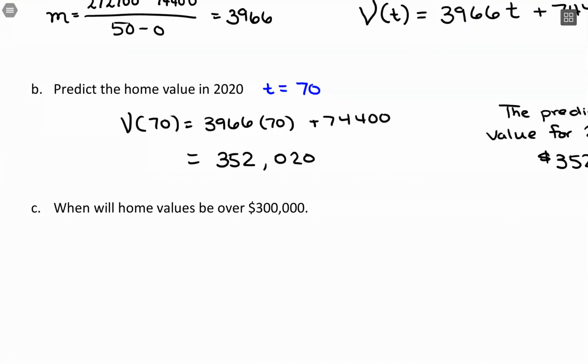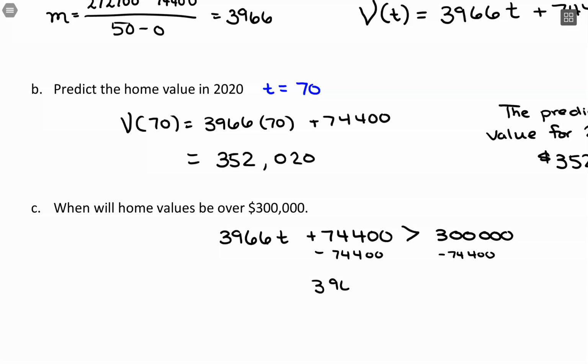Alright, when will home values be over 300,000? So what we're doing here is this kind of the idea of an inequality. So 3,966t plus 74,400. And when is that going to be over 300,000? So we'd have the more than symbol there. So subtract 74,400 from both sides.